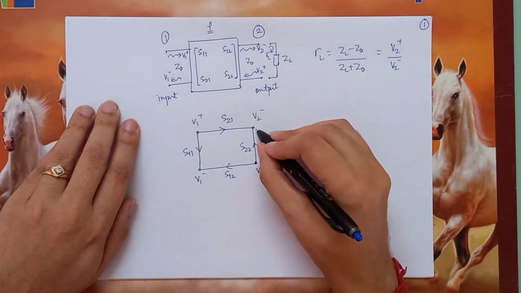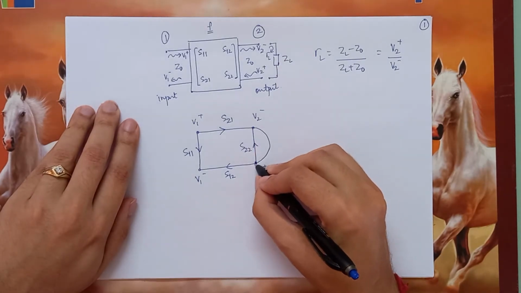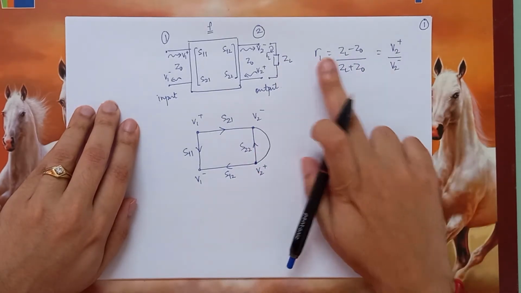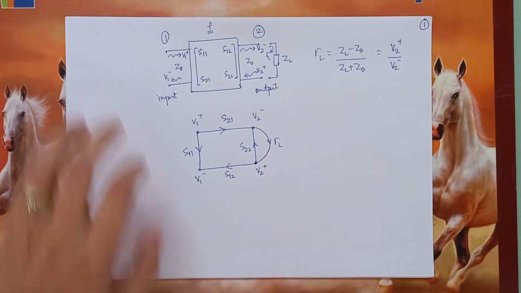In the previous lecture, we had also shown a way to represent the load reflection coefficient, because V2 plus is nothing but gamma L times V2 minus. So we can call this branch gamma L.